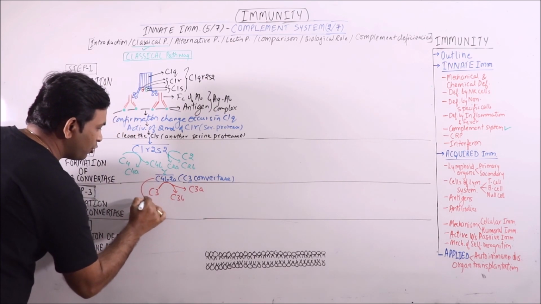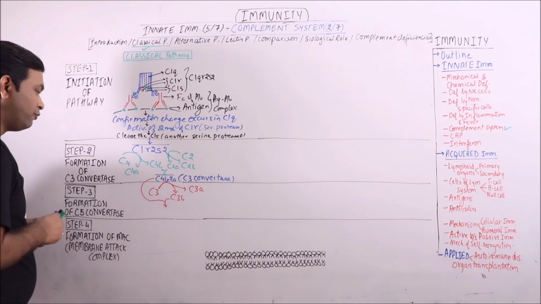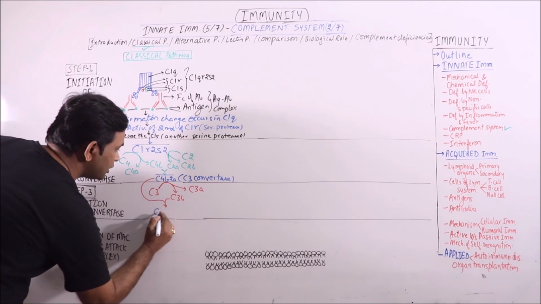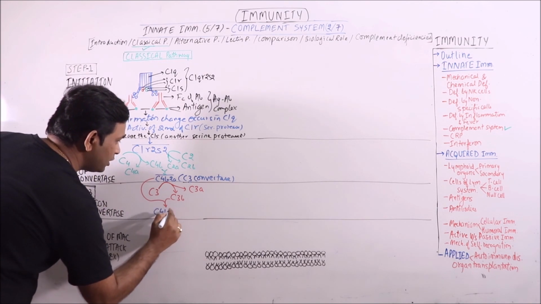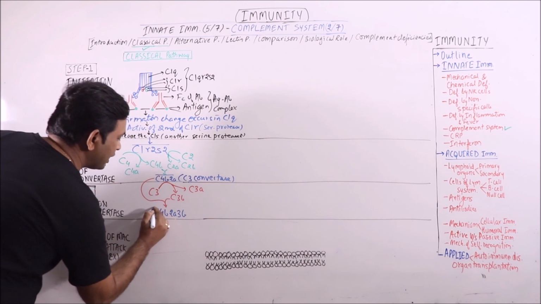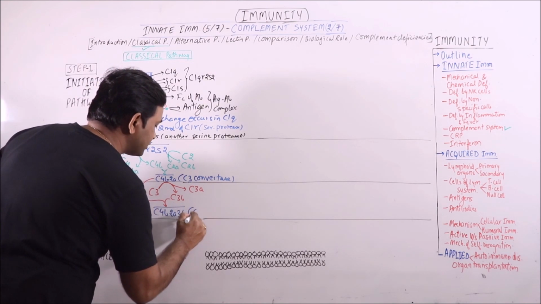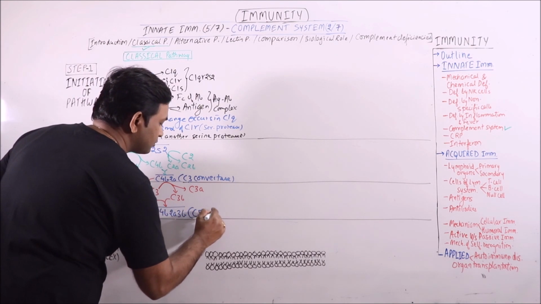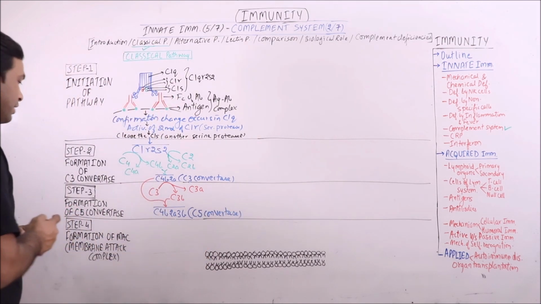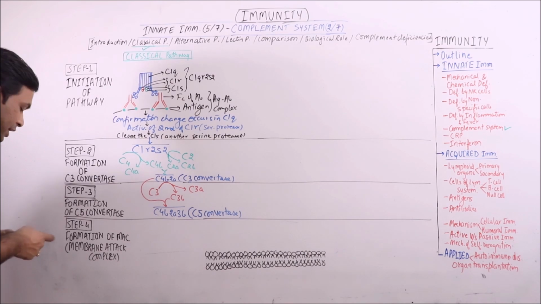So this C4B2A complex with C3B will form C4B2A3B complex, and this is known as C5 convertase. Once C5 convertase is formed, it will result in formation of membrane attack complex.